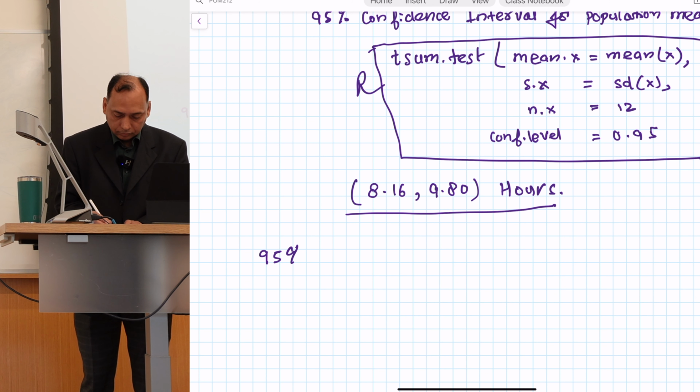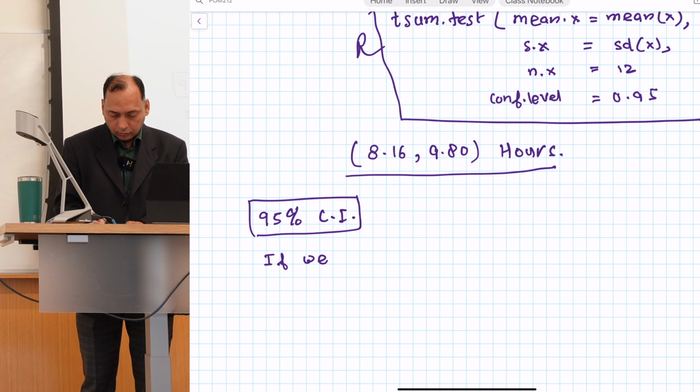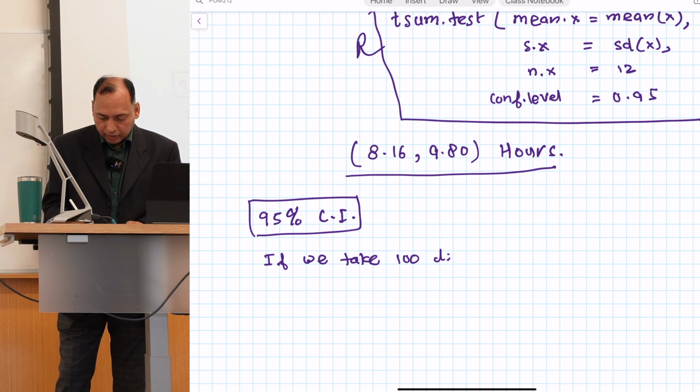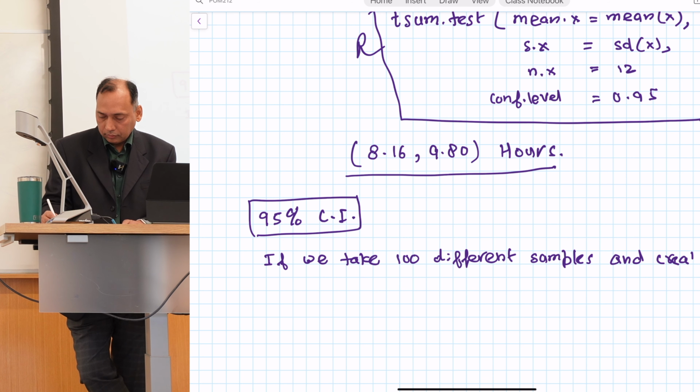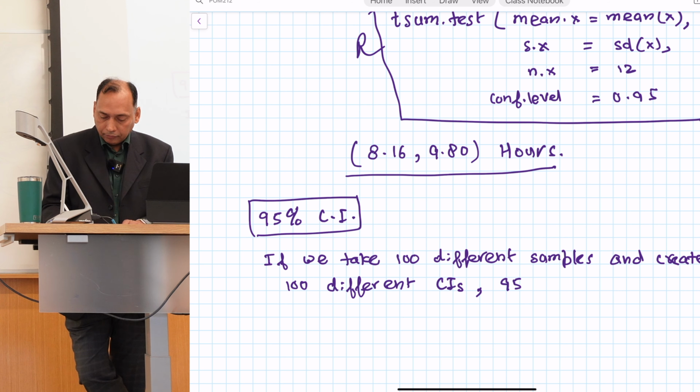So a 95% confidence interval here means if we take 100 different samples and create 100 different CIs, or confidence intervals, 95 out of 100 will contain the actual value.